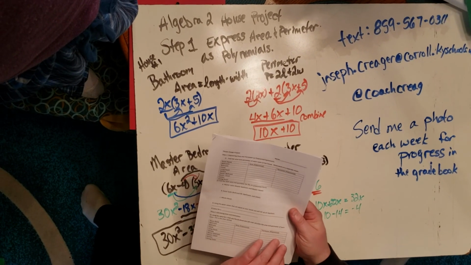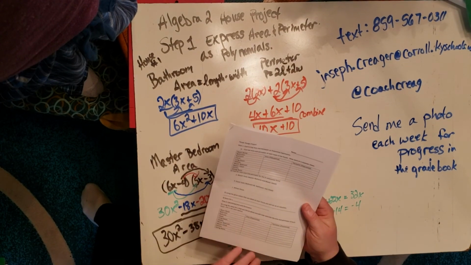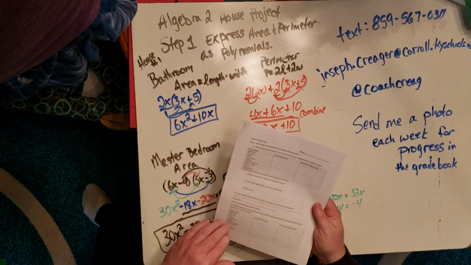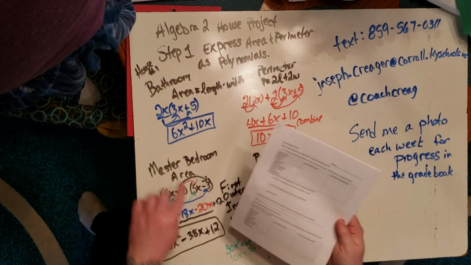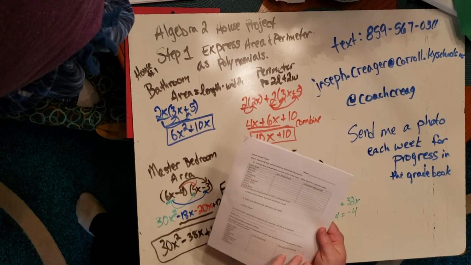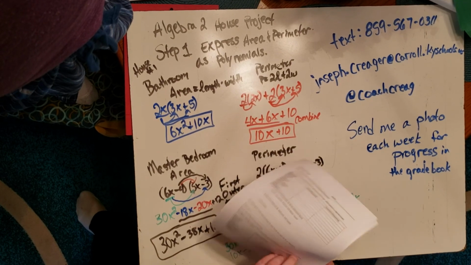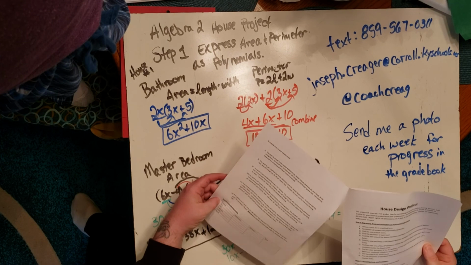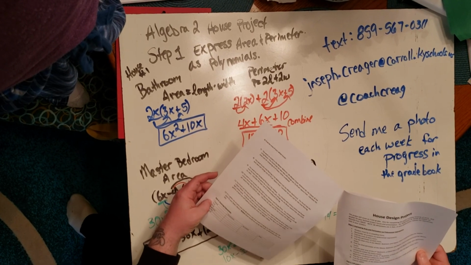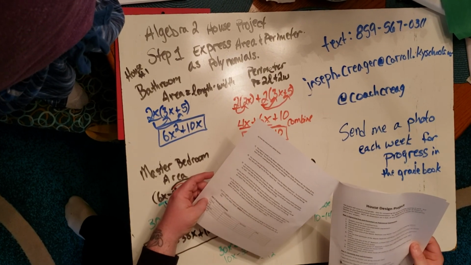I'll be setting up the equations and giving you examples on how to solve that in a different video. But then you're just going to take that number and substitute it in for x to figure out step 2, and then answer the step 3 questions on the back, which is the stuff for the backyard.